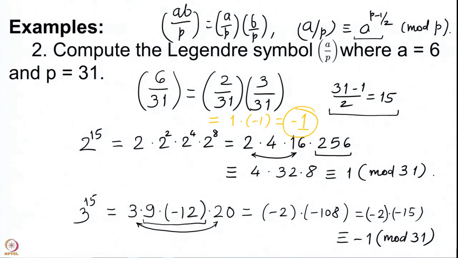So we can compute the Legendre symbol of 6 by 31 quite easily. Otherwise, taking the 15th power of 6 would be a very difficult computation to do.